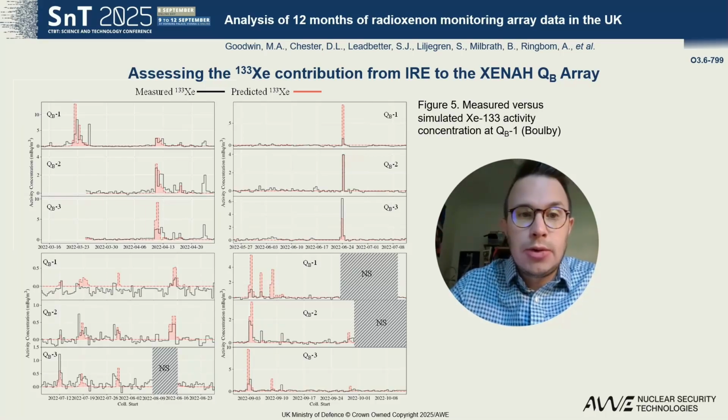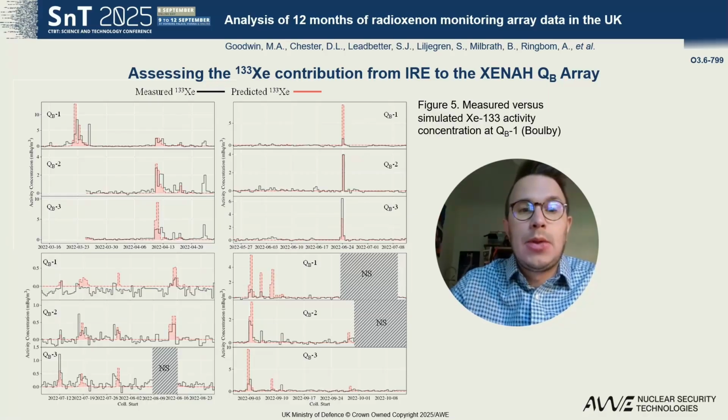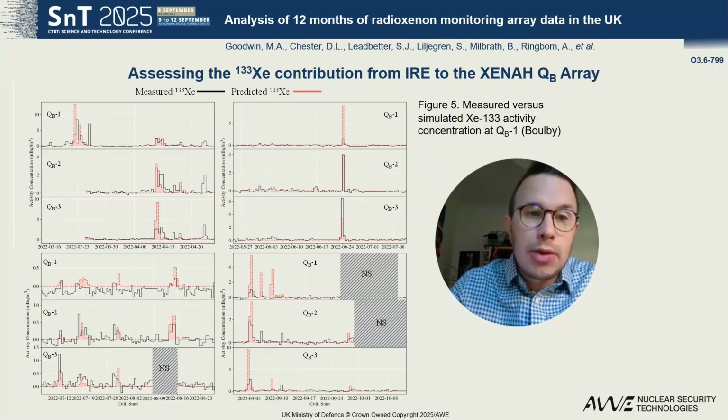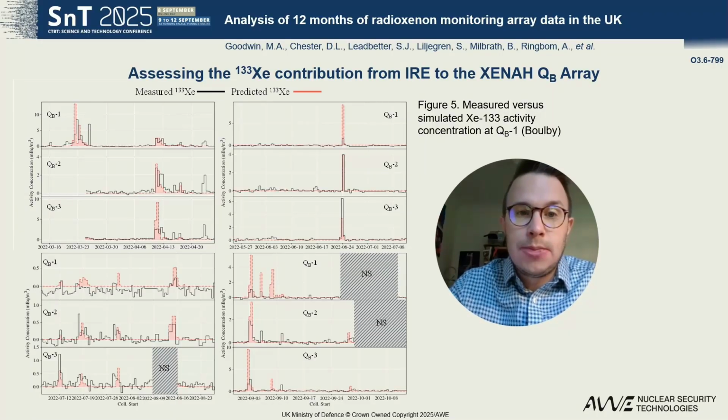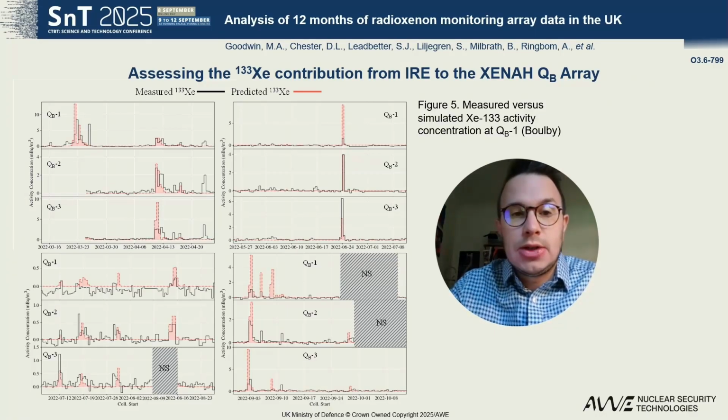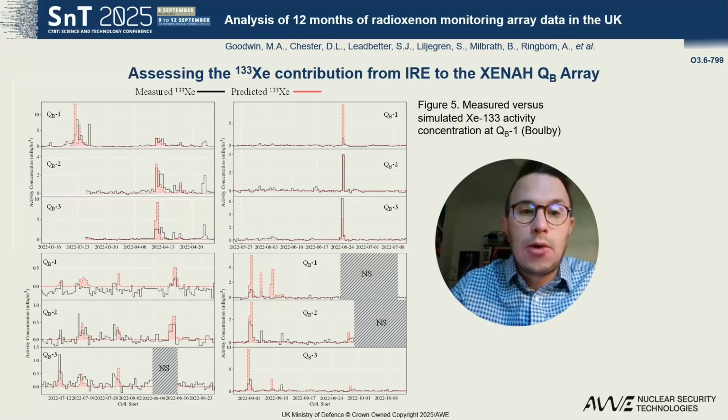The figure shows, for each of the systems on the array, Cube 1, 2, and 3, for most of the year, the measured Xenon 133 activity concentration in black versus the predicted or simulated activity concentration of Xenon 133 from IRE.